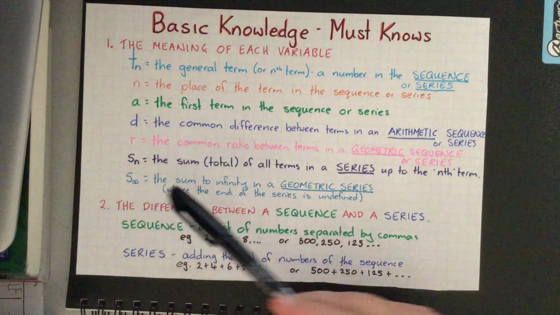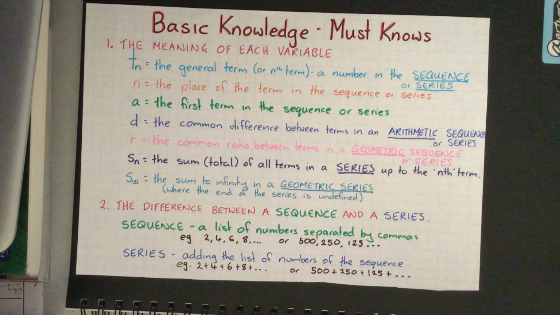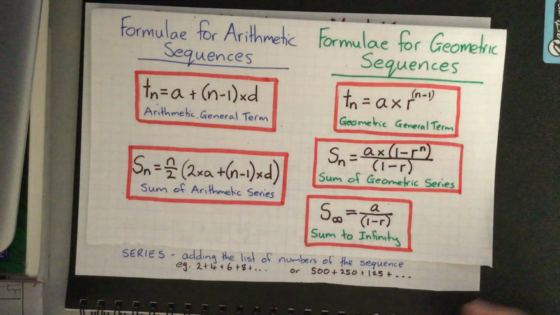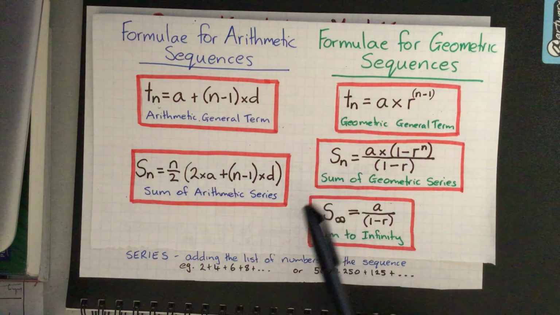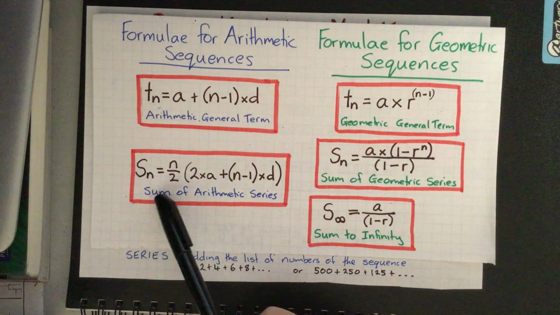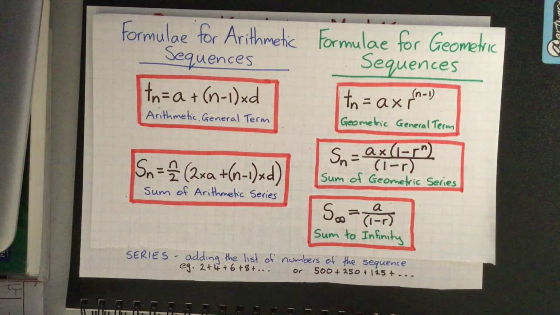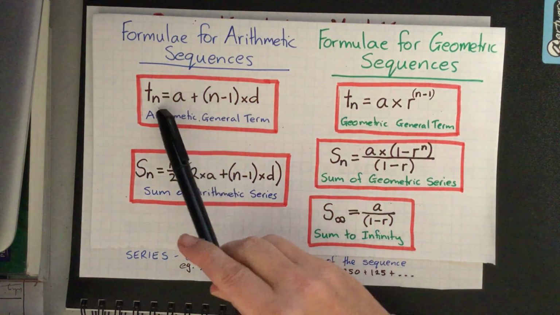S sub n is the sum or total of all the terms in the series up until the nth term. So you would have noticed back on our initial bit of paper, S sub n just refers to the total up to the nth term, the sum of, whereas the T sub n referred to the general term, the nth term.